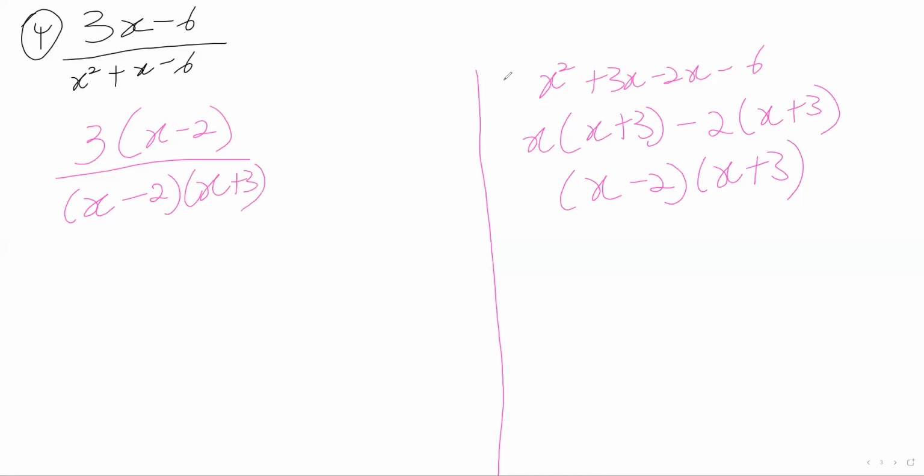Okay, x minus 2 and x plus 3. So we'll see that this cancels out and we are left with 3 divided by x plus 3. So when you simplify question number 4, applying your factorization, then you end up with 3 divided by x plus 3.